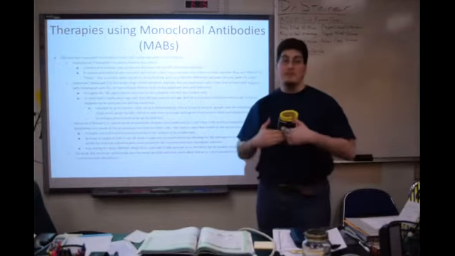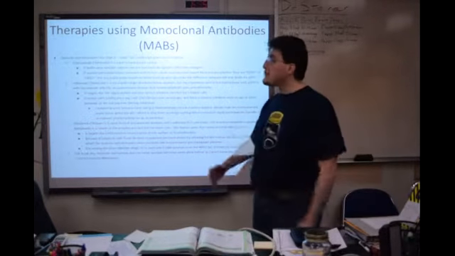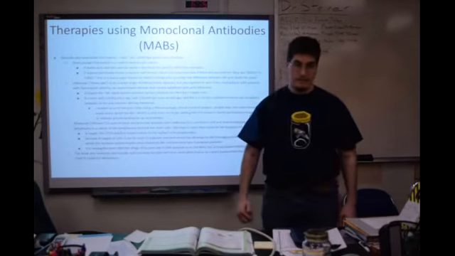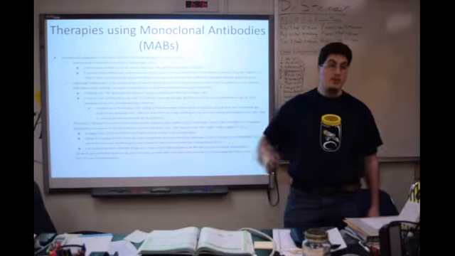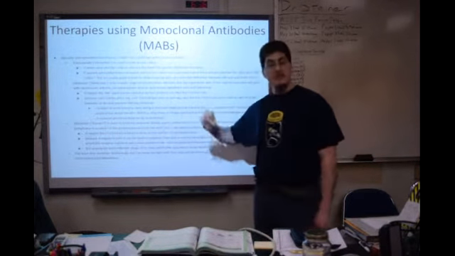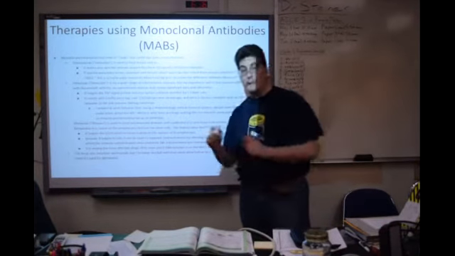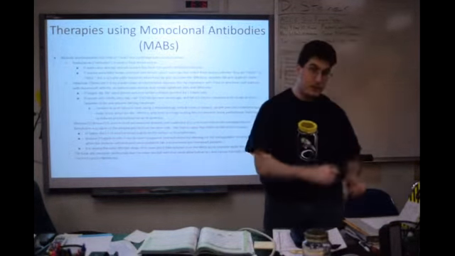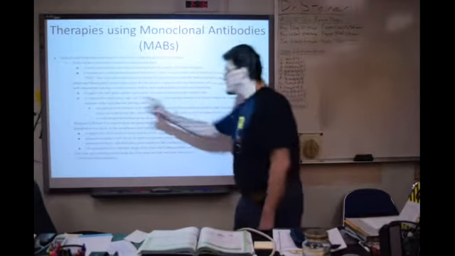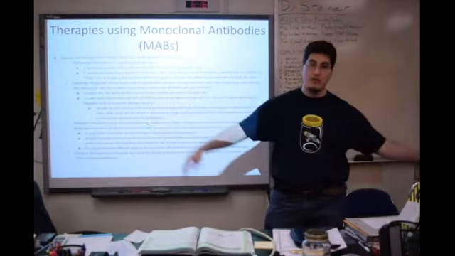So anything that is mediated by B lymphocytes will be suppressed by rituximab. Your humoral immunity is suppressed by rituximab. Autoimmune diseases are mediated by antibodies, which are produced by plasma cells, which differentiate from B lymphocytes. Rituximab will reduce the level of circulating antibodies all the way across the board.